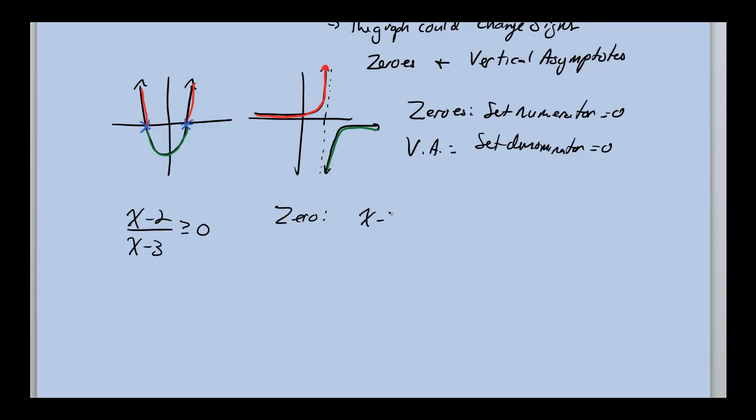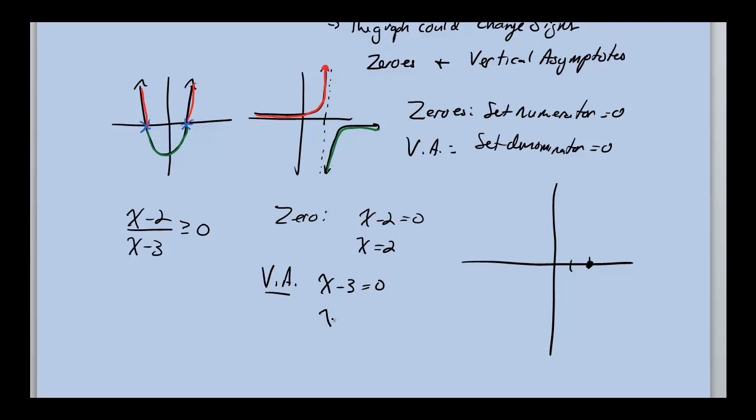I'm going to set x minus 2 equal to 0, so x equals 2. So if I'm doing a running tally of my graph, I know at 2, I'm going to cross that x-axis. At my vertical asymptote, I know that I'm going to set x minus 3 equal to 0, or x equals 3. So I know here at 2 and then at 3, I'm going to give myself a little bit of space here. This is 2 and this is 3. I'm going to have a vertical asymptote which will run like such.